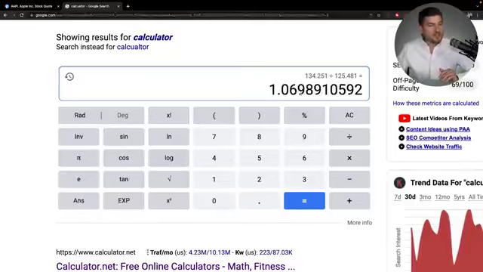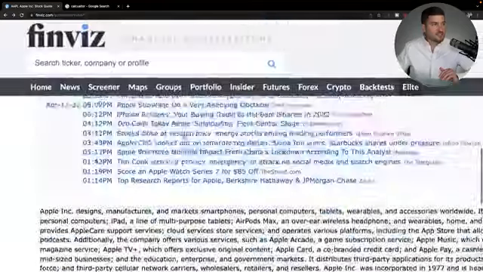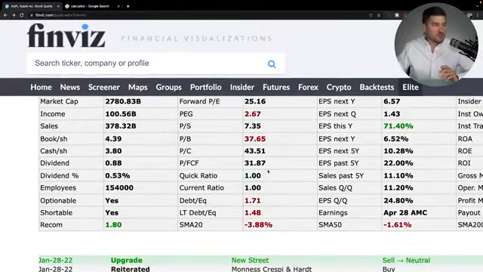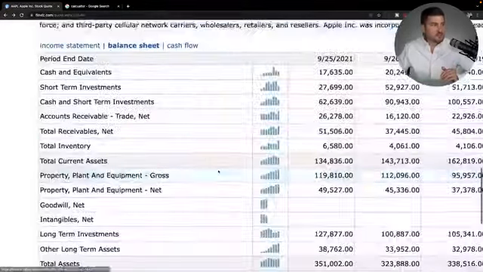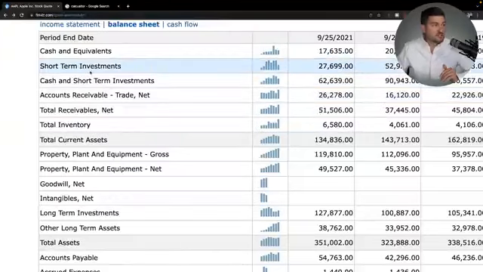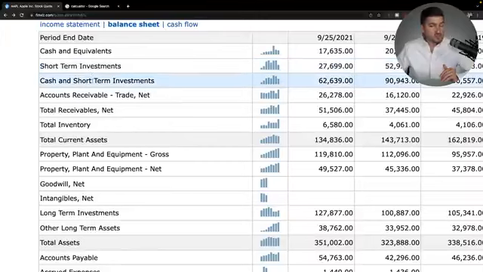Okay, so we're a little bit high again because remember Finviz is saying that it's supposed to be 1-to-1, but we're close enough. So again, these numbers may be slightly off. They may be looking at another column that I may not be accounting for, but trust me, we're close enough, and this is the right way to do it. Again, it's cash, short-term investments. That's considered marketable securities. Cash and short-term investments, accounts receivable, okay?